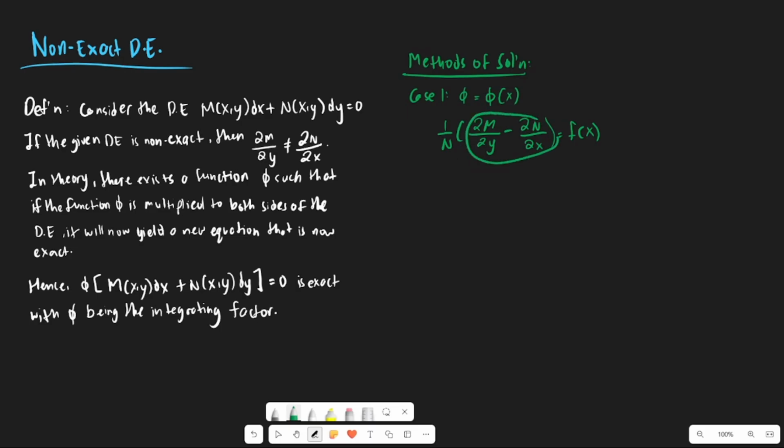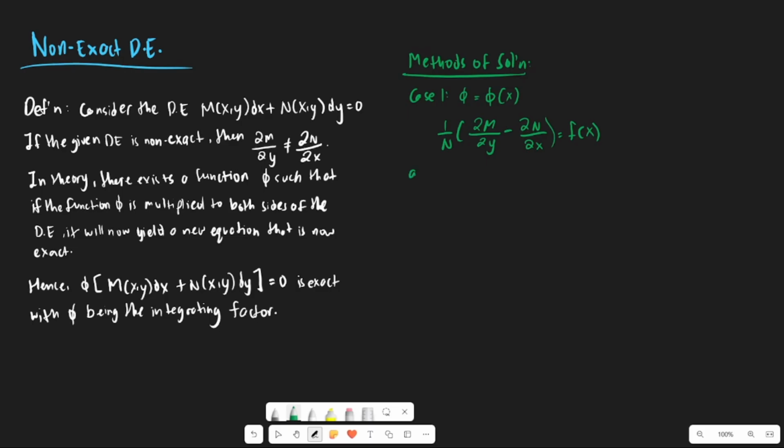So we get those values, then multiply by 1 over N. The choice between case 1 and case 2 depends on whether multiplying by 1 over that expression, in our case N, will cancel out anything in the partial of M with respect to y minus the partial of N with respect to x. So that's how we pick cases.